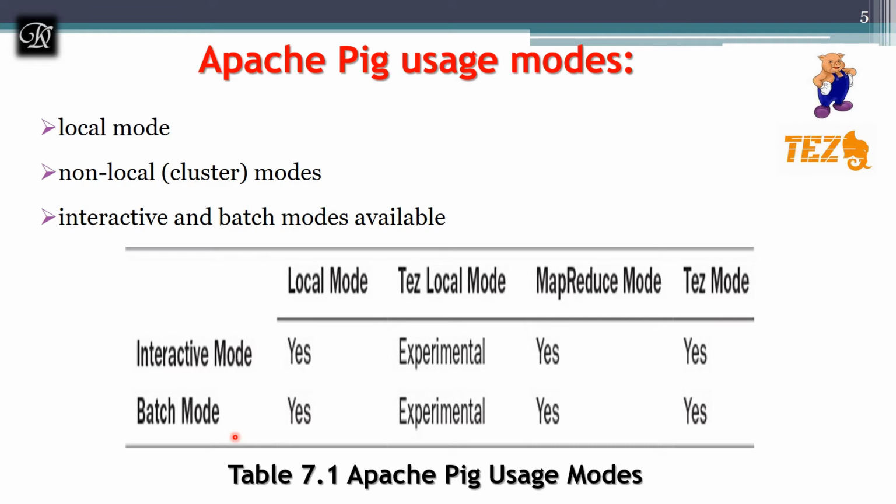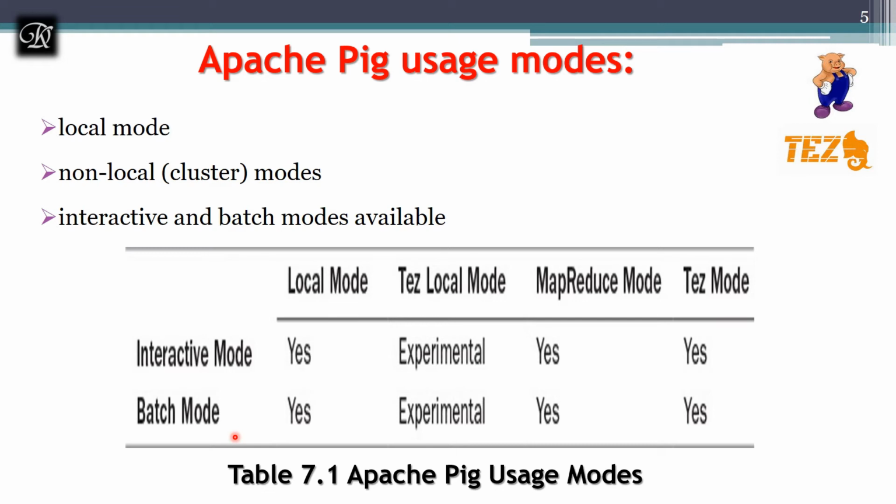And the next one is the batch mode. Batch mode means, you might have heard about shell scripts. In a shell script, we combine multiple commands in one shell script file, and once I run that particular script file, it is going to run all the commands in sequence.